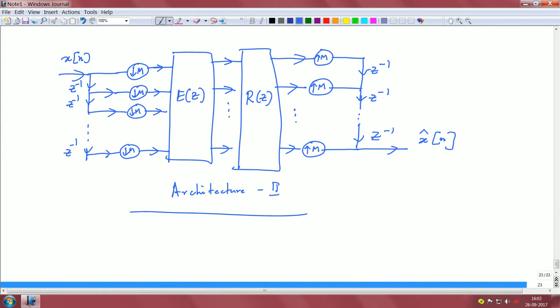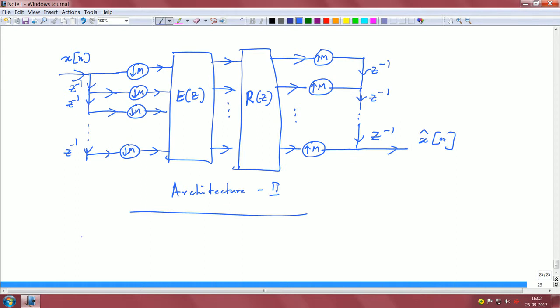I want to make this distinction very carefully here, that this is bold E and bold R, indicating that they are matrices. Now, you have to ponder a little bit why architecture 2 is useful for us.